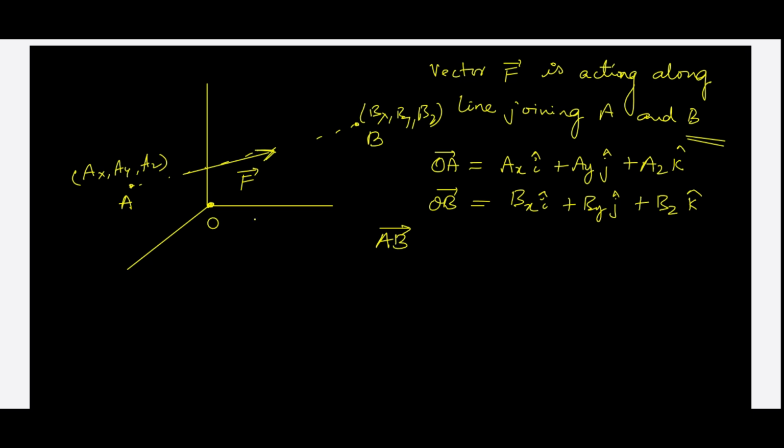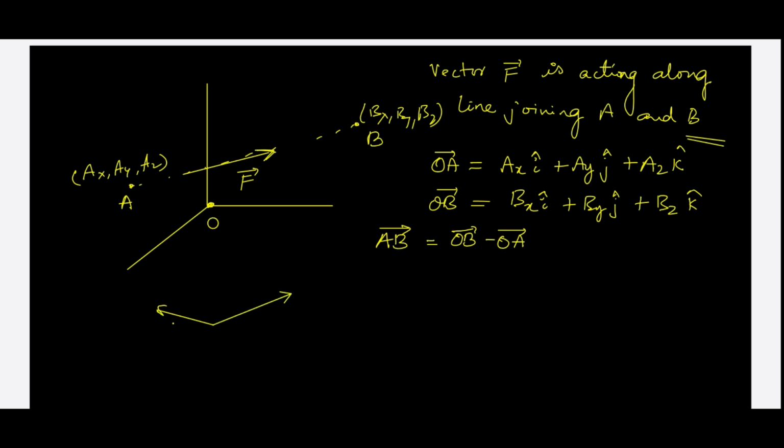They are different: AB is a position vector, F is a force vector, but they both have the same direction. AB is from A to B, so OB minus OA.